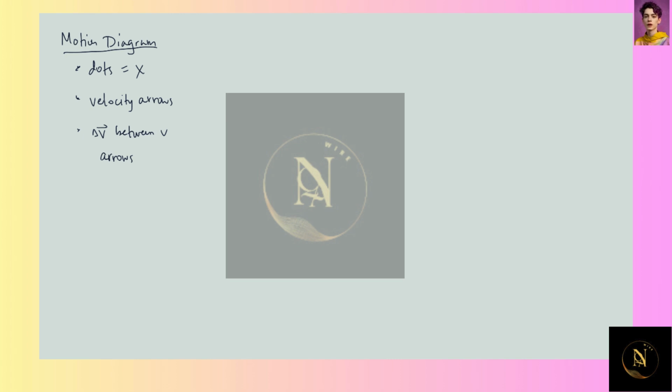So the positions for an object speeding up are going to start off close together and then gradually get further apart, because speeding up, of course, means traveling a greater displacement each second than the second before.